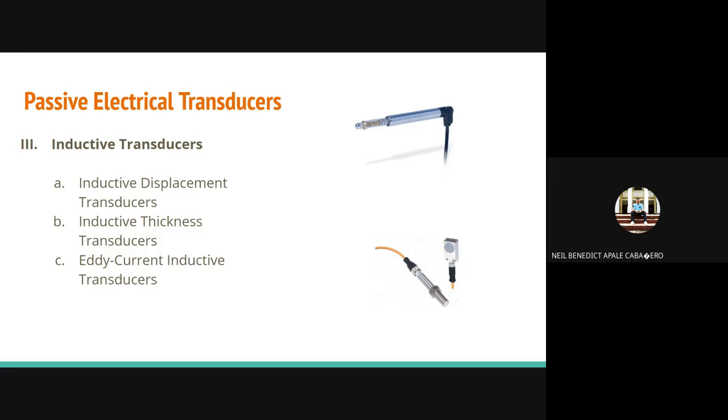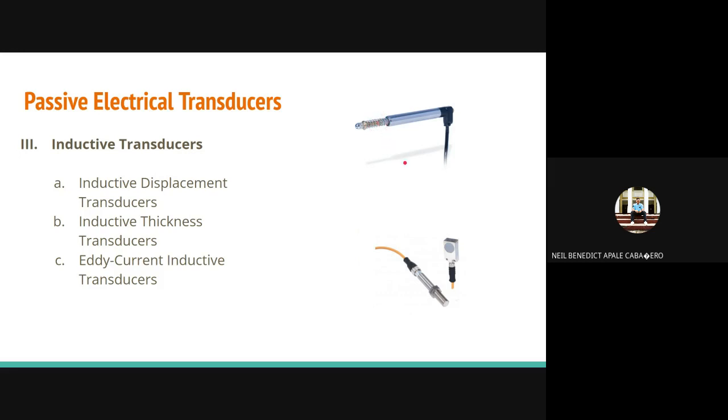Example number 1, the inductive displacement transducer, utilizes changes in output voltage when an armature moves in a coil. This is an example of an indirect displacement or position measurement. The first picture looks like a microphone cord. Then next is inductive thickness transducers.